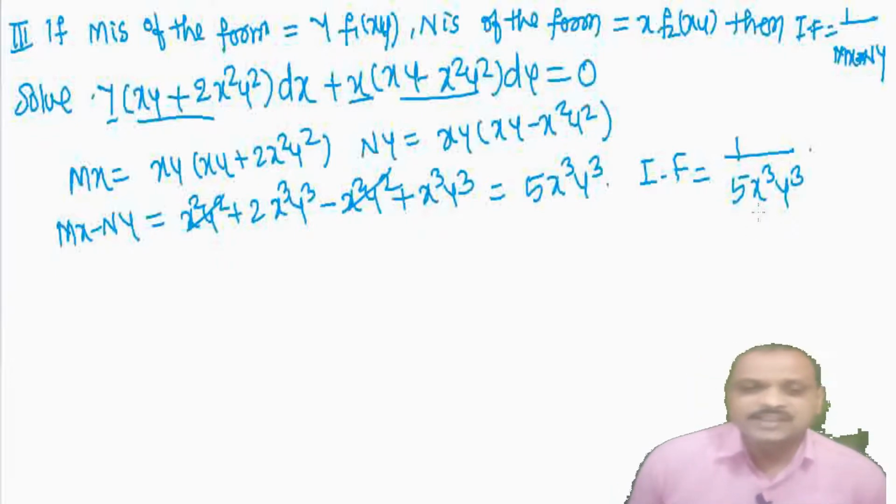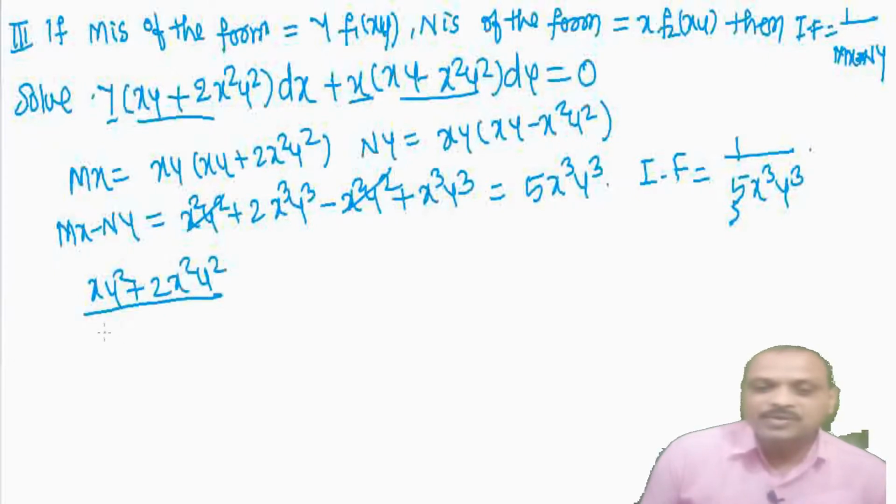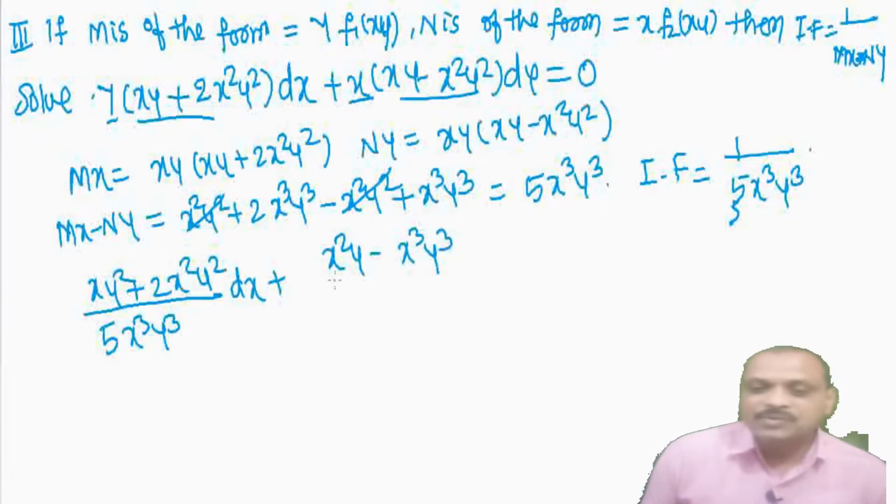So let us apply this integrating factor. You can see that this equation is (x y square plus 2 x square y square) divided by (5 x cube y cube) into dx plus (x square y minus x cube y cube) divided by (5 x cube y cube) into dy equal to 0.